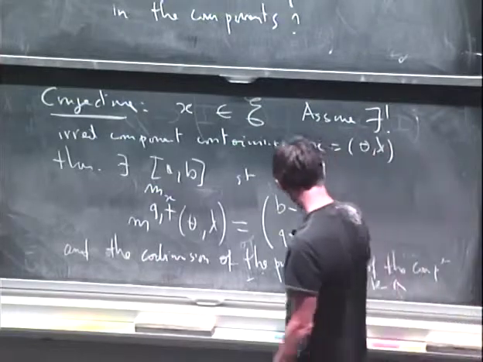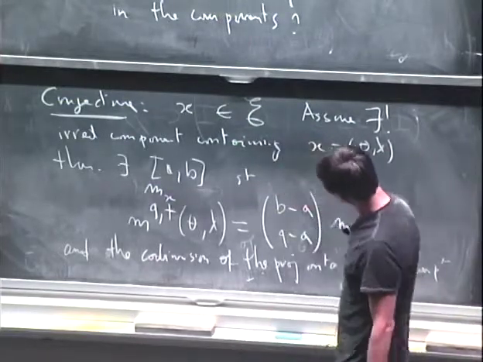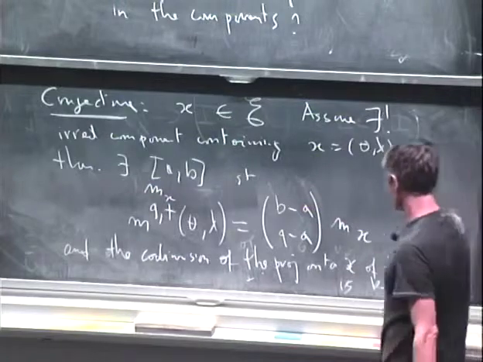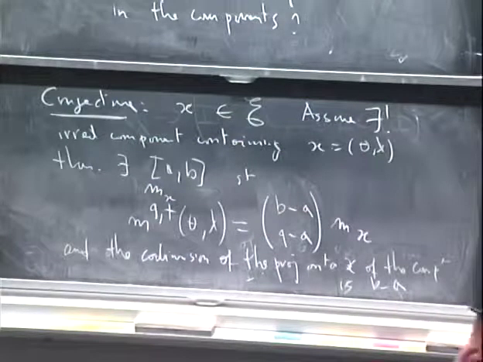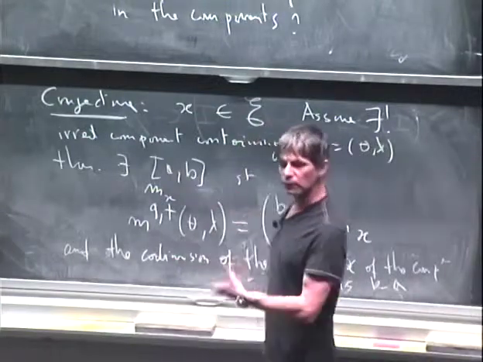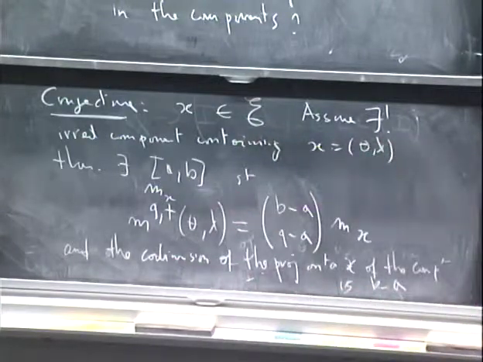And so if A is equal to B, then we have maximal dimension. And if B is equal to A plus 1, we should have codimension 1.